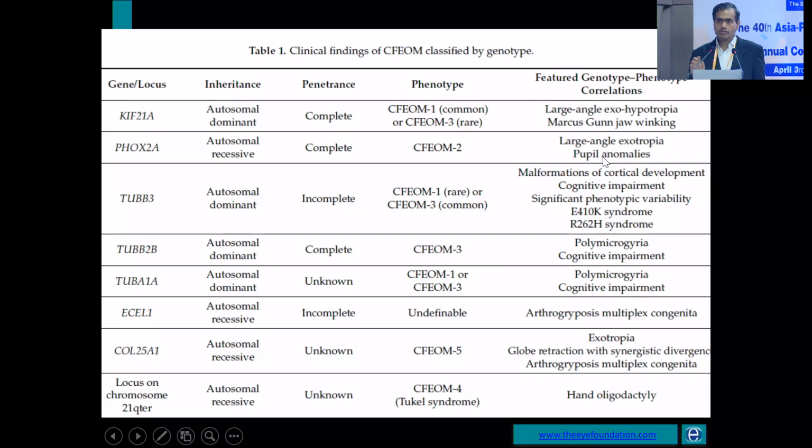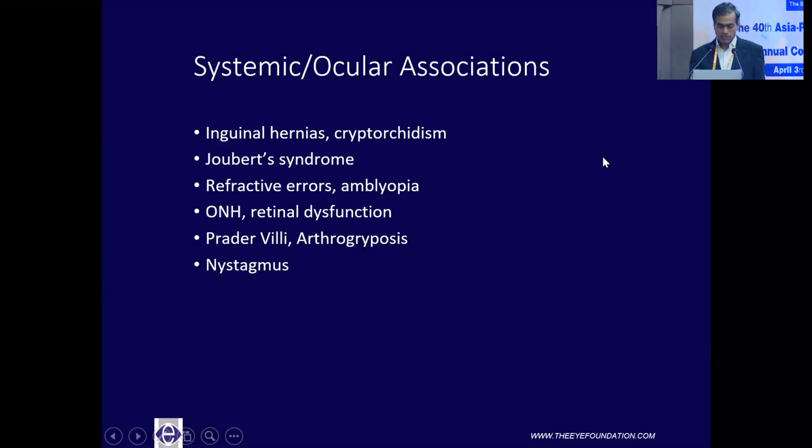CFEOM 2 is characterized by a large angle exotropia with pupillary involvement. CFEOM 3 is marked by asymmetry, CFEOM 4 is called Tukel syndrome, which is CFEOM 3 plus oligodactyly, and CFEOM 5 is synergistic divergence.